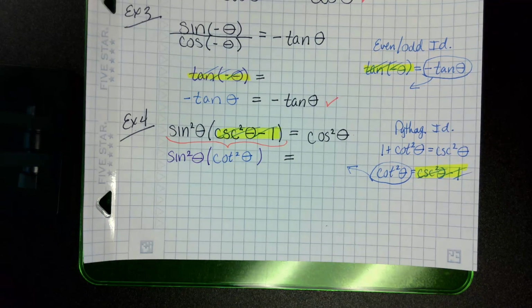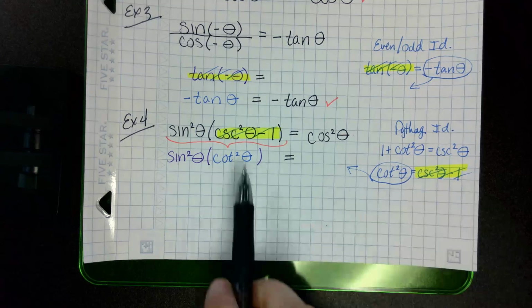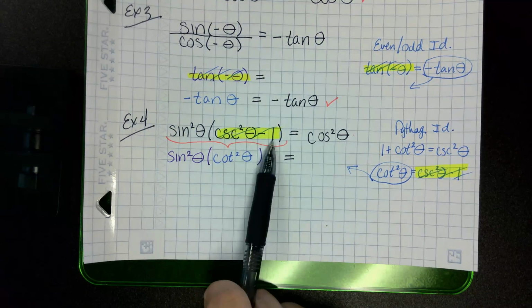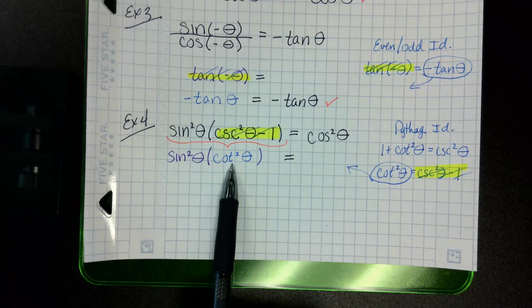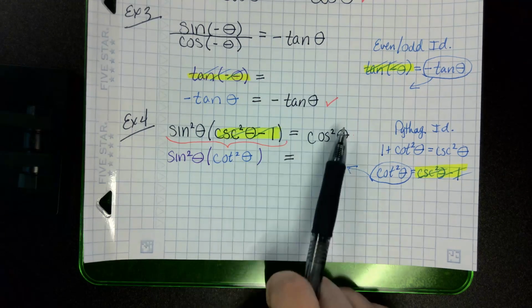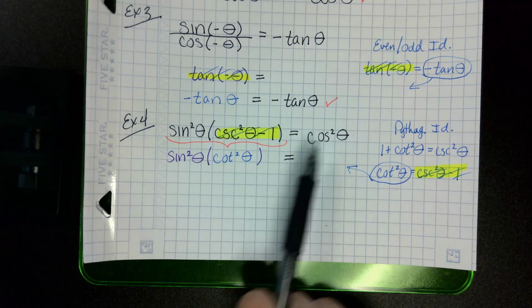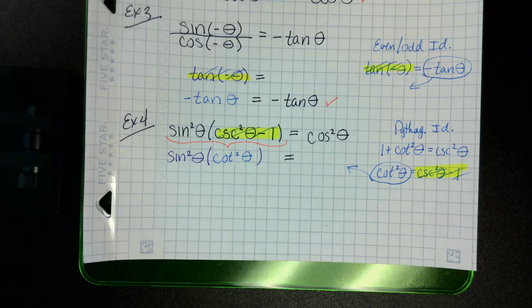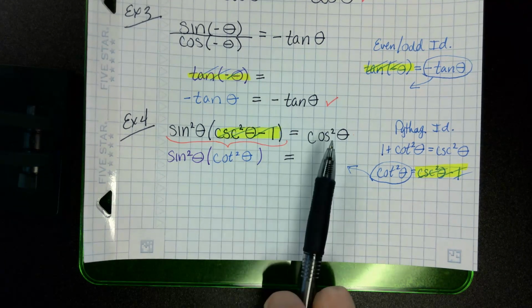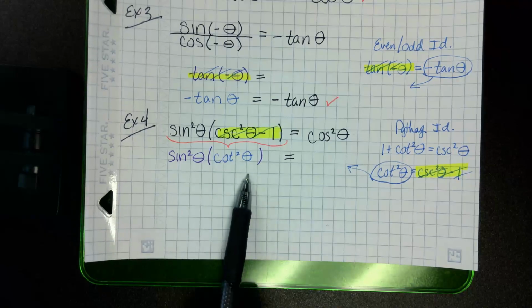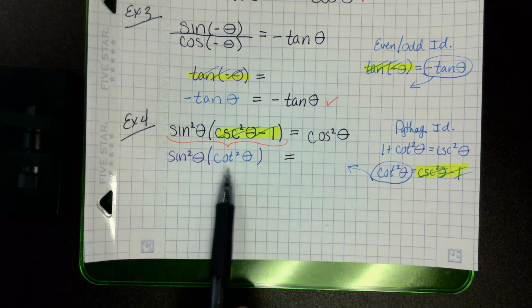So I still don't have any cosines in there, but I did simplify it a little bit because I started with a binomial in the parentheses, 2 terms, and now I just have a single term in parentheses. So that's helpful because I only have a single term on the right. So I have simplified it. And now I have sine squared and cotangent squared, and I'm looking for a cosine squared. So I don't have a cosine, but I know there's cosine inside of that cotangent.